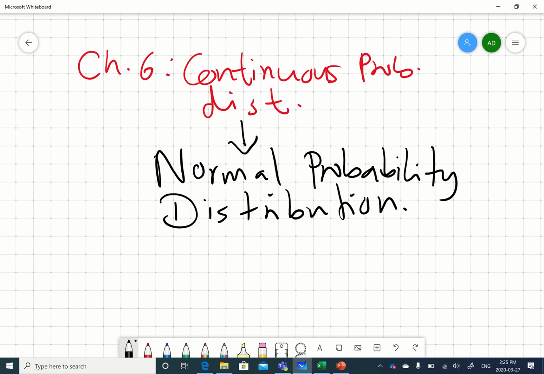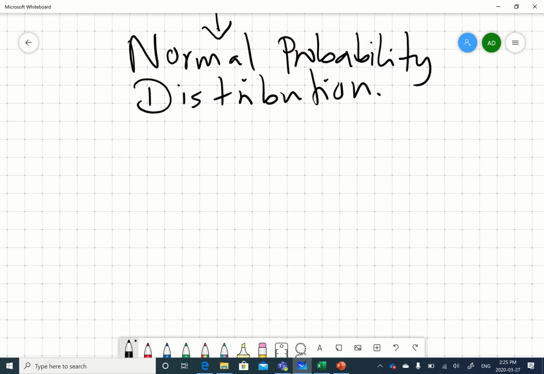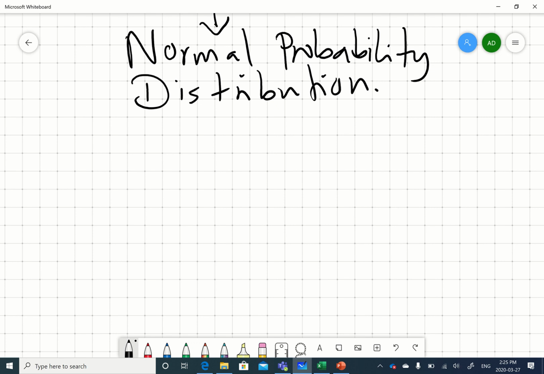So what I'm going to do is briefly talk about what normal probability distribution is, and then we are going to talk about how to calculate probabilities. If you remember from chapter 5, we talked about discrete probability distributions.